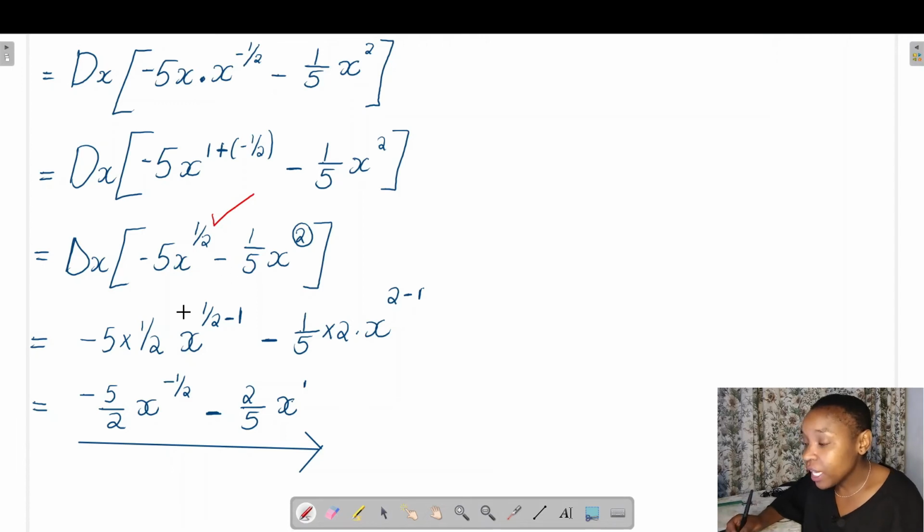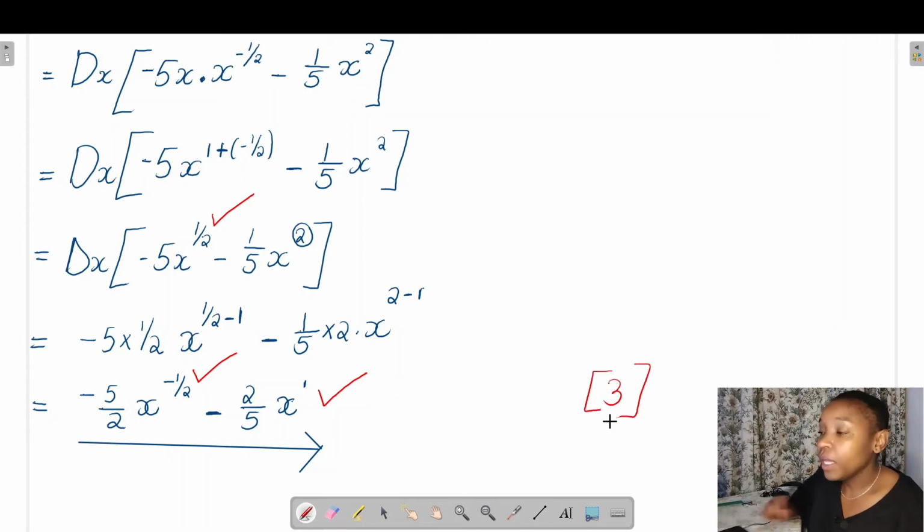You get your mark here once you've differentiated, and you get negative 5 over 2 times x to the power of negative 1 over 2. You get another mark where you've differentiated that as well to get negative 2 over 5 multiplied by x. It's out of 3 marks. That's where you're going to get your marks.